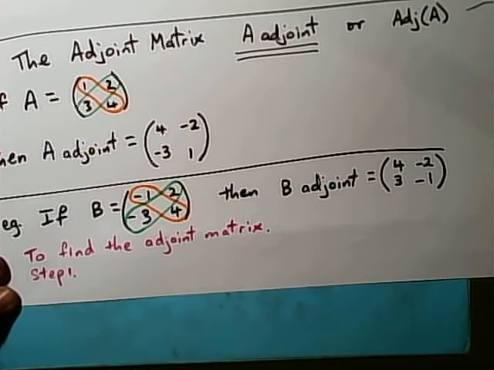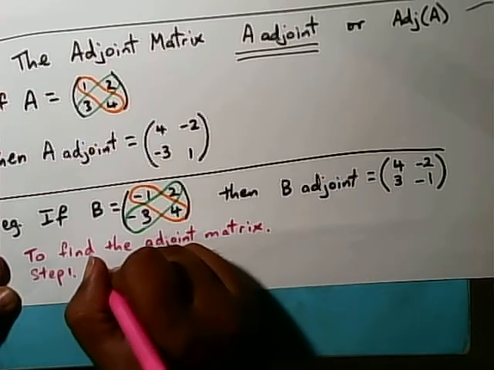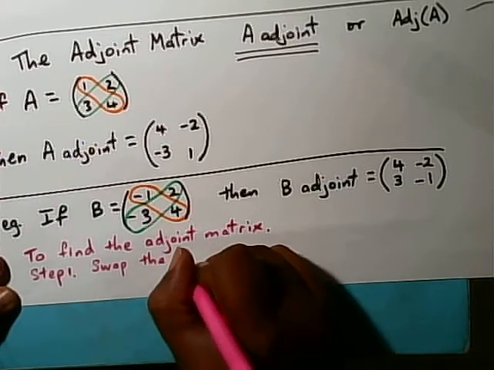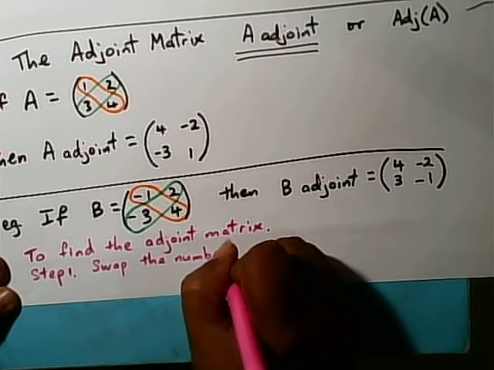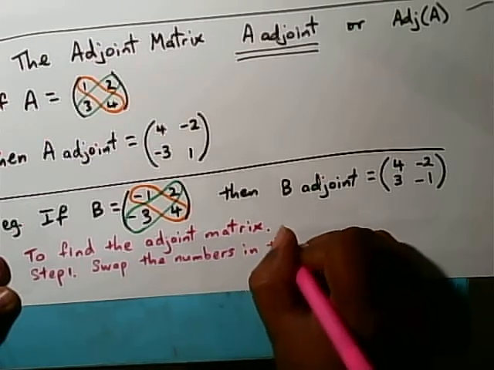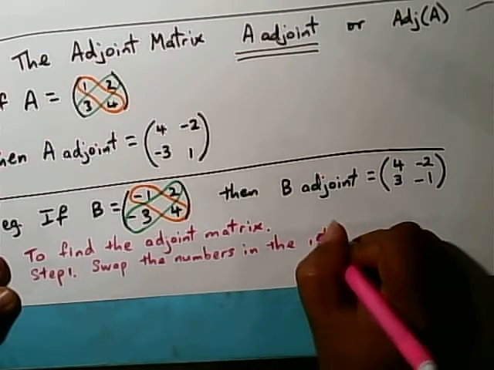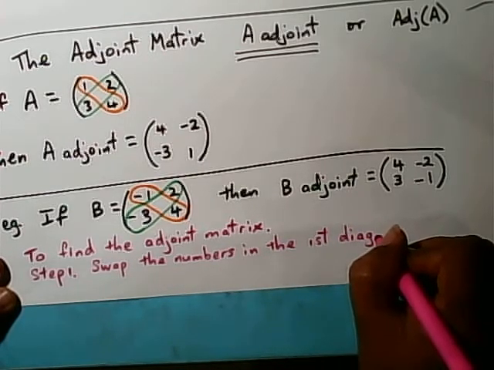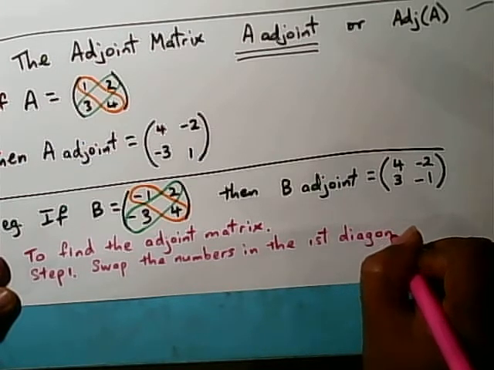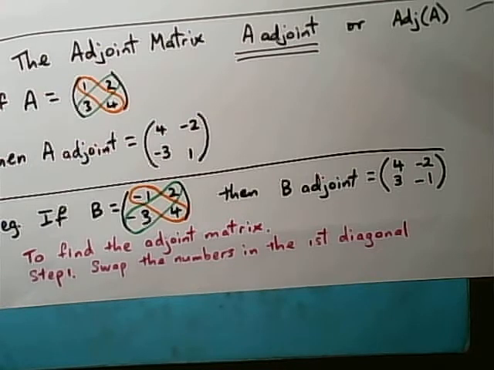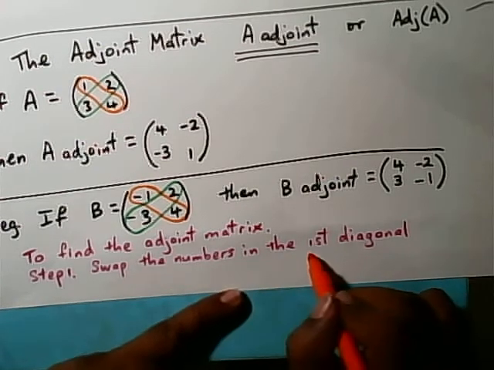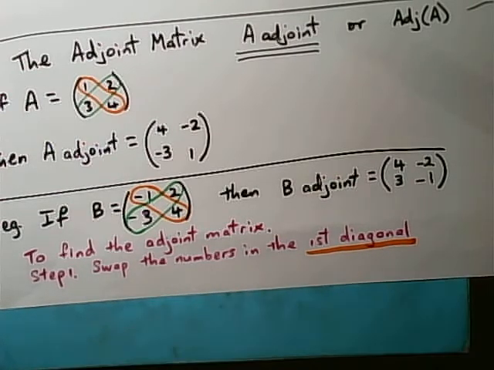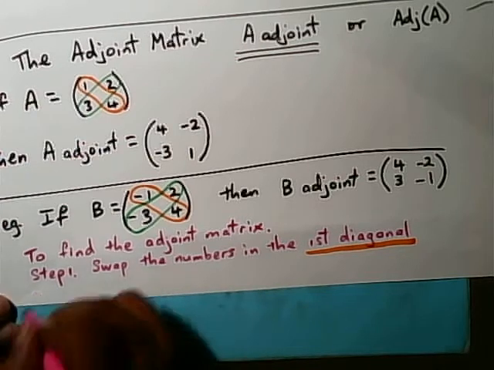Swap the numbers in the first diagonal. I hope you know which one is the first diagonal by now, right? And if you don't know what's the first diagonal, let me color code it for you. The first diagonal is the orange one. Swap the numbers in the first diagonal.